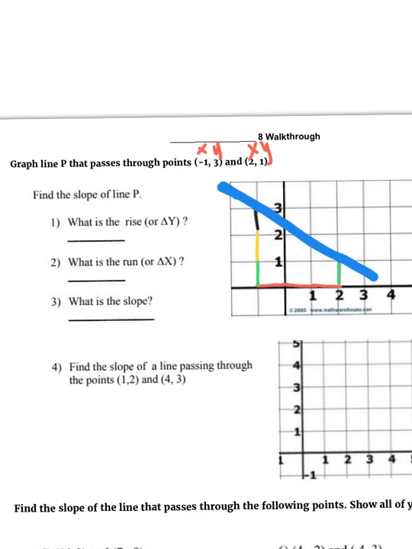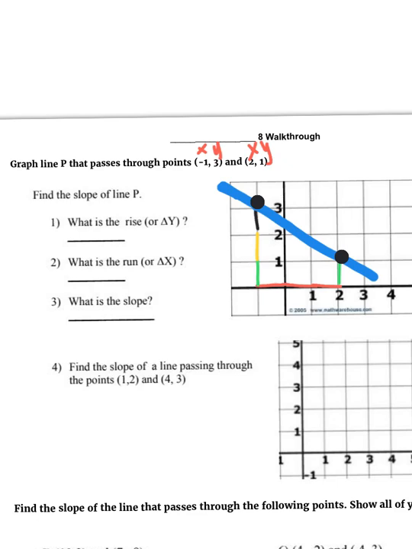It's the movement in the y up and down, and then it's the movement in the x left and right. So when we are asked to find the rise, or the change in y, we are asked to find how much it's changing from this point to this point.